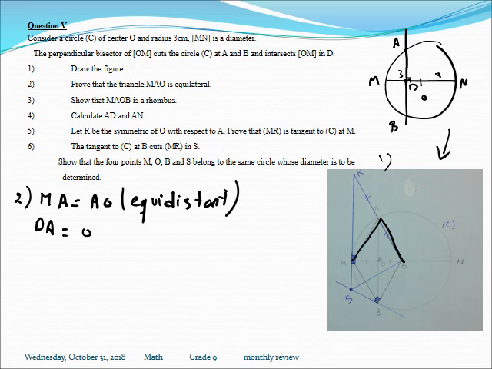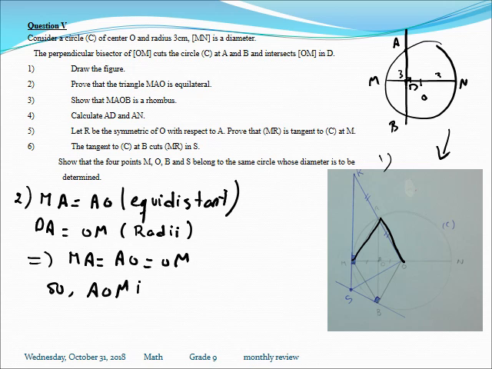OA equals OM, radii in the same circle. So MA equals AO equals OM. So AOM is an equilateral triangle.